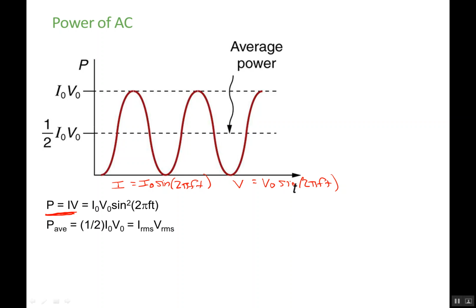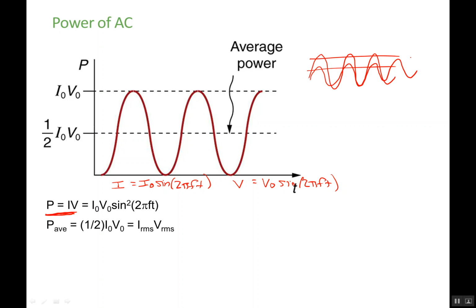Now there is something subtle about what we've done here, and that subtlety is that we're assuming that the voltage signal and the current signal are perfectly in phase with one another, meaning if you plotted current and voltage as functions of time, the peaks and the valleys would line up with one another.